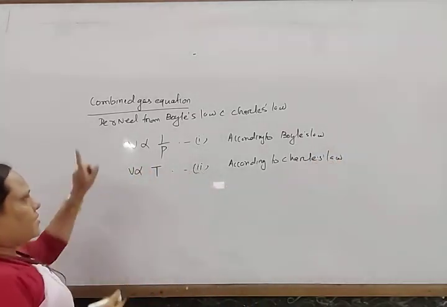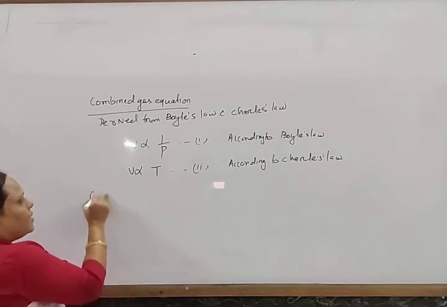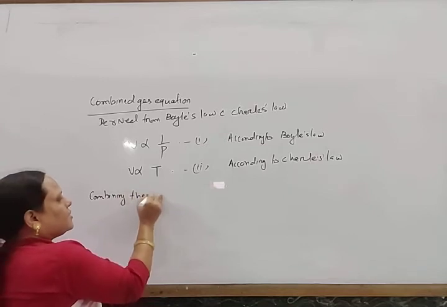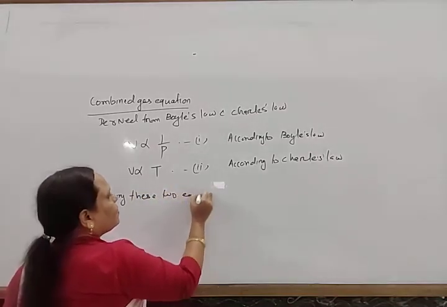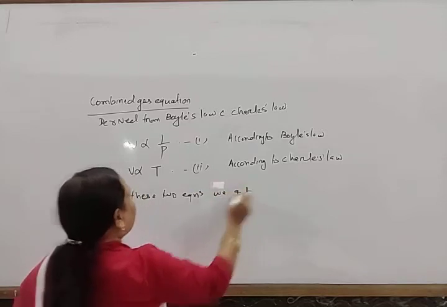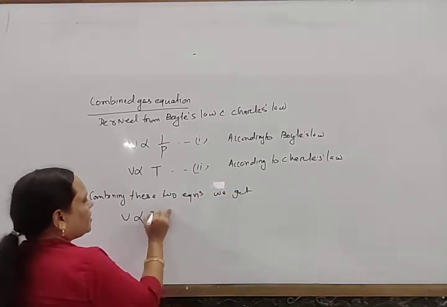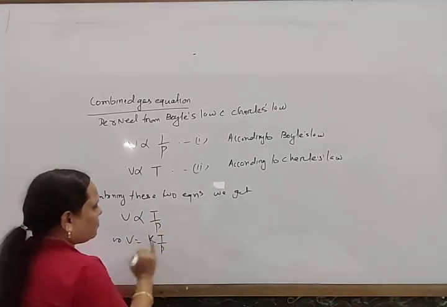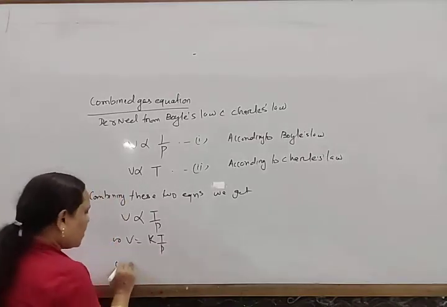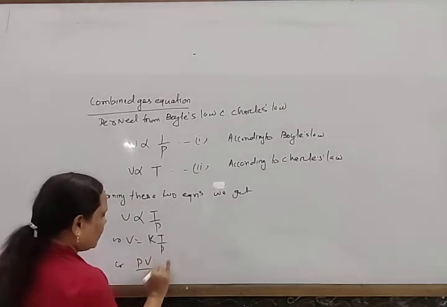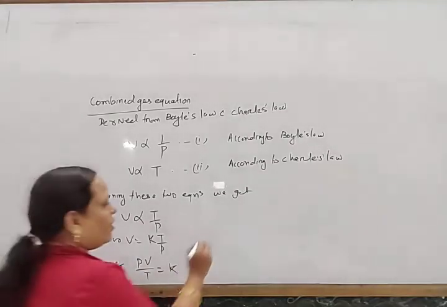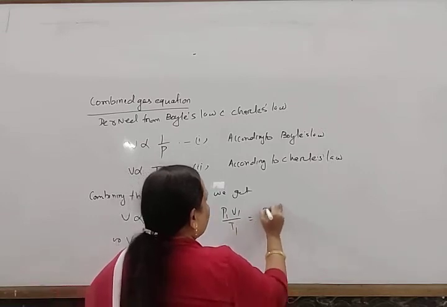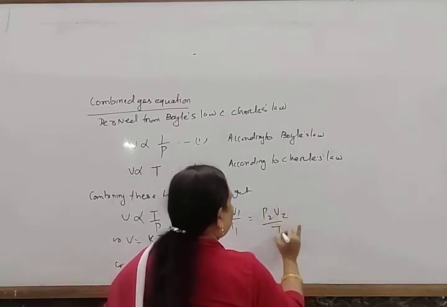Combining these two equations, we get V is proportional to T by P, or V equal to some constant times T by P, or PV by T equal to K, or we can write P1 V1 by T1 equal to P2 V2 by T2.